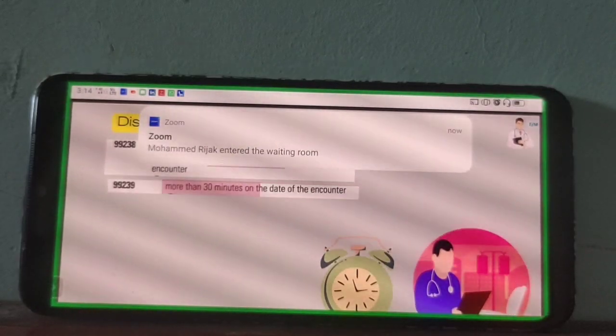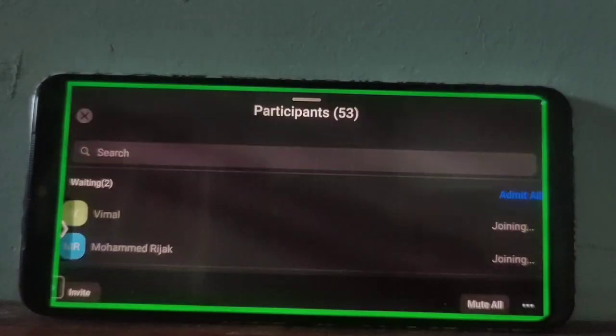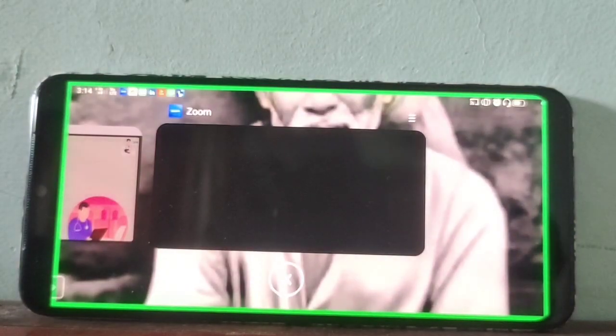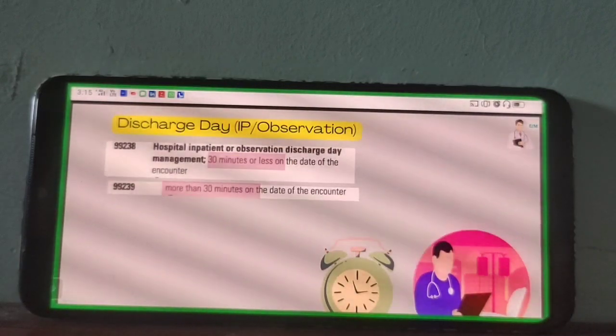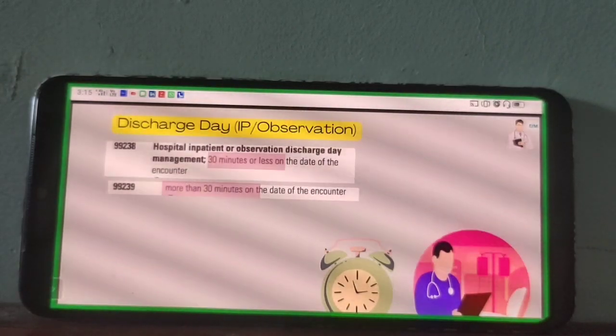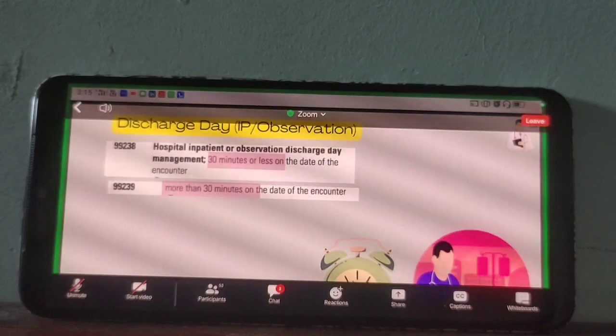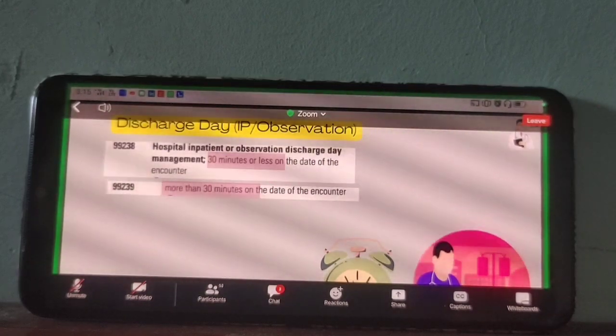Some doctors spend time on the discharge process or communicating with the patient: explaining the diet, the medications, and the follow-ups. So this time does not indicate the hospital stay of the patient.